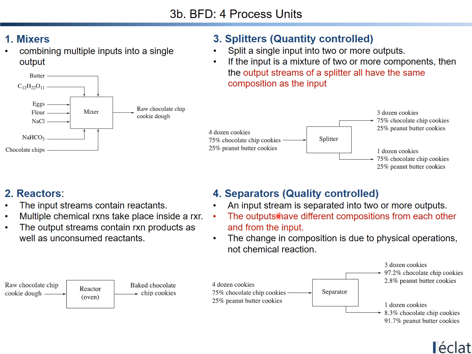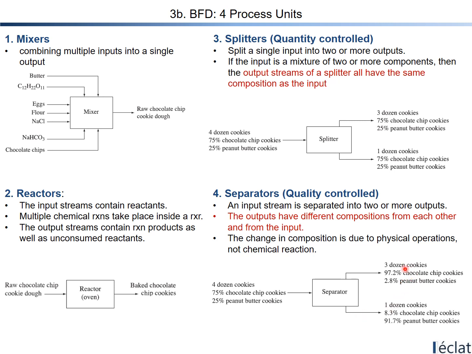Okay, the same input, 4 dozen cookies, 75% chocolate chip, 25% peanut butter, is introduced into the separator. And then we have two streams on the output. 3 dozen, 1 dozen, the same as in the previous splitter case. However, look at the composition.